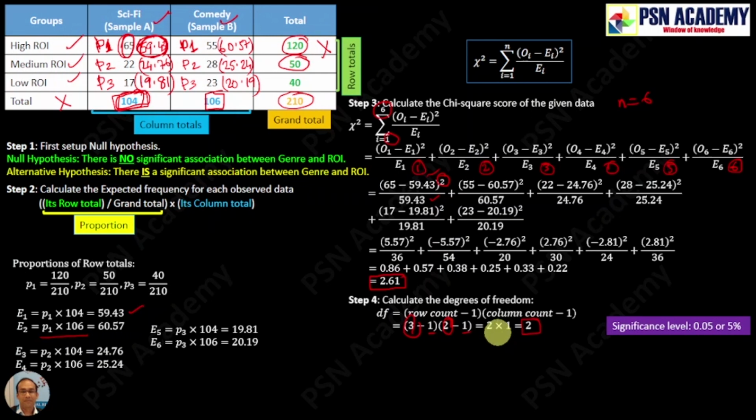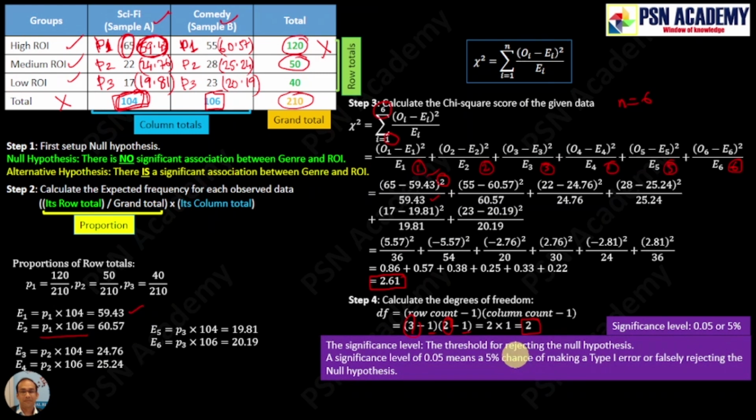Now we choose the significance level as 0.05, that is 5%. You can choose other values also, like 0.01, that is 1%. The significance level is a threshold for rejecting the null hypothesis. That means if your score is below the threshold, then your null hypothesis stays. And if your score goes beyond it, then you reject the null hypothesis, right?